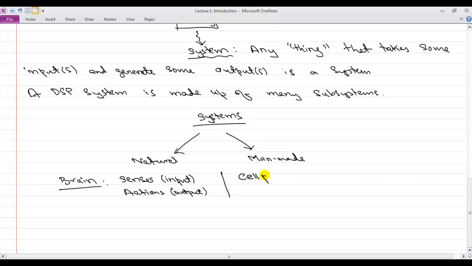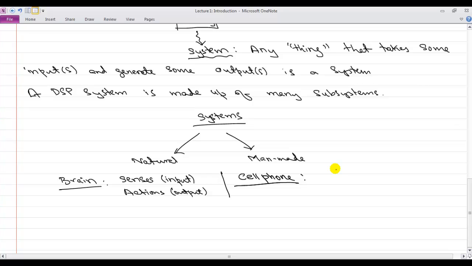A system that all of us use, which is man-made, is a cell phone. One example of input on that cell phone will be I'm talking, so my voice is the input, and then in turn that cell phone is transmitting some signals that are going to the base station that are then transferred over to the other party.